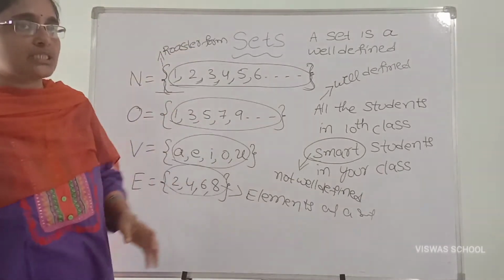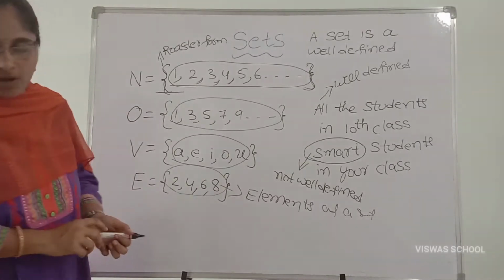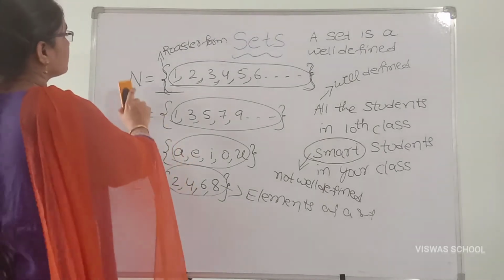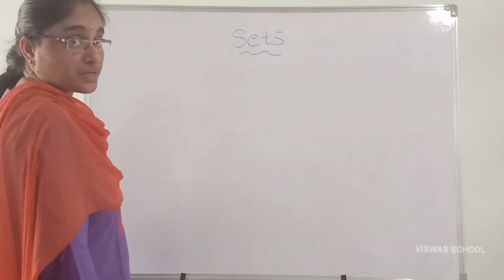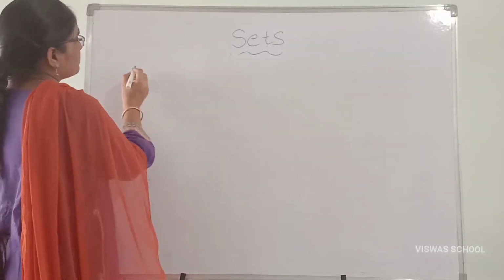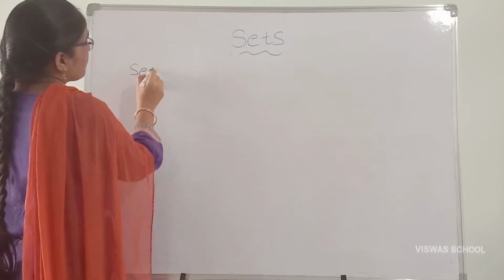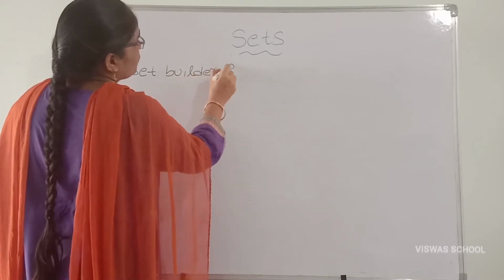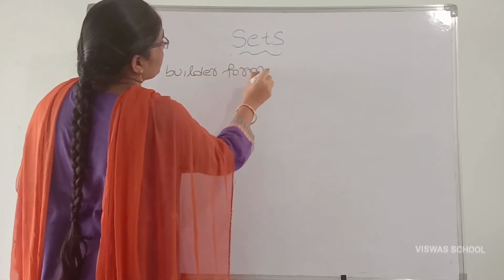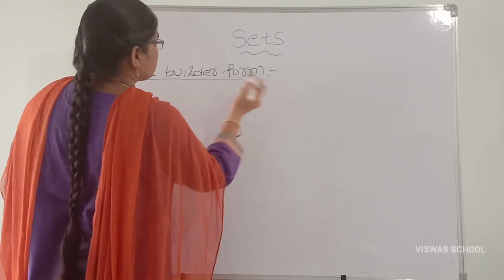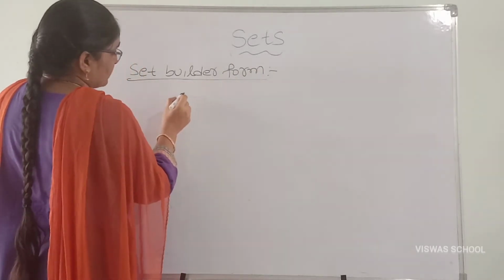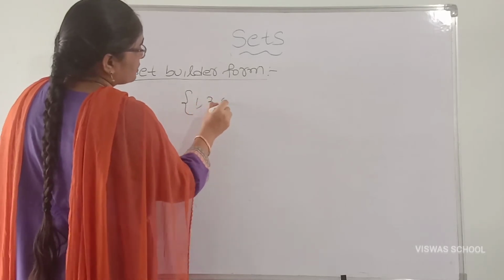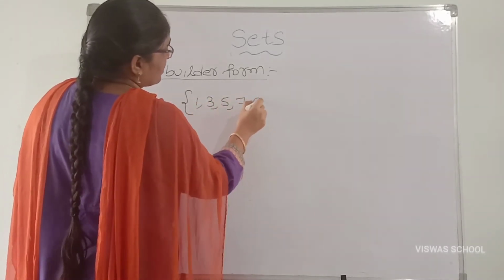And coming to the next one, set builder form. Here I am writing the elements 1, 3, 5, 7, 9.